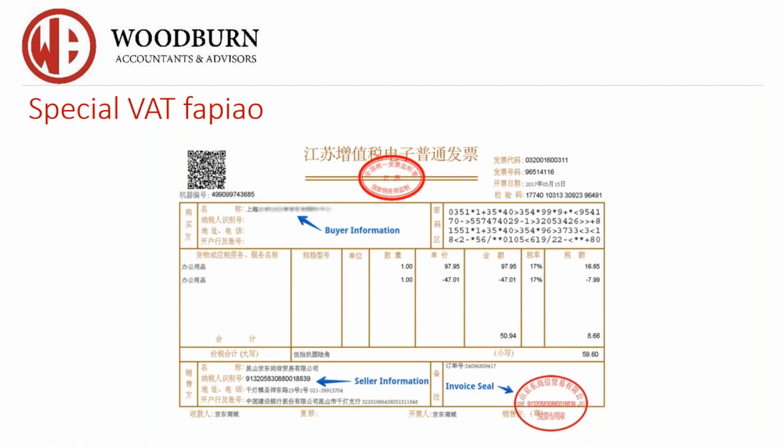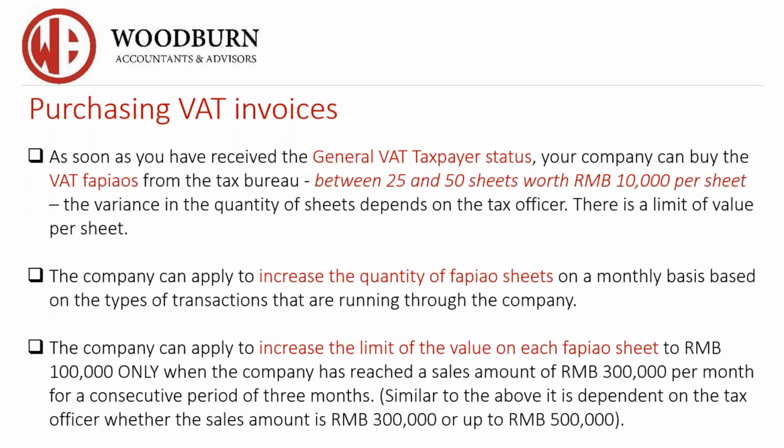Now let's go to what is considered unbelievable information and creates mind boggles with most of the people I talk to. When you are purchasing the VAT invoices, whether it's the general VAT Fapiaos or the special VAT Fapiaos, as soon as you receive your status, and here I'm going to use the example of the general VAT taxpayer status, your company can buy the VAT Fapiaos from the tax bureau.